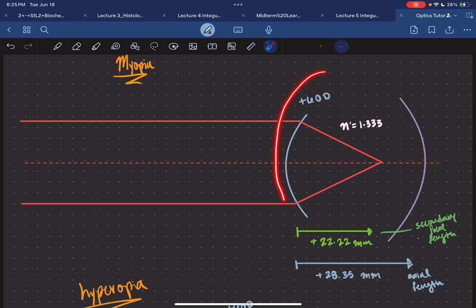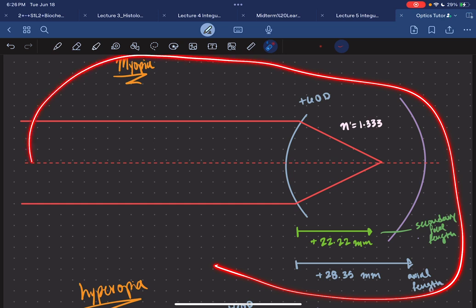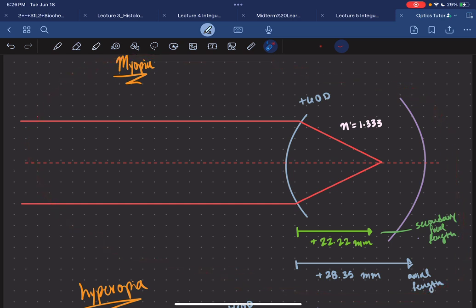And then if we go down here to myopia, we notice that the secondary focal length of the front surface power is different than the axial length. And so the axial length is too long. And so we need to find some sort of lens to correct for that in order for this focal length to actually be here. This example here is taken straight from the slides, so if you want to look back at his slides and see how he works through it, you can.